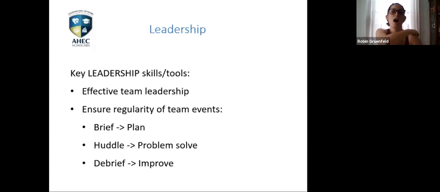And then you can have huddles iteratively throughout the day to problem solve. And at the end of the day, you come back together and you say, what worked, what didn't work, what do we do better next time? Great leaders, not only do they do this, but they do it with regularity. And they're really the person on the team that makes sure that those briefs, huddles, and debriefs happen.